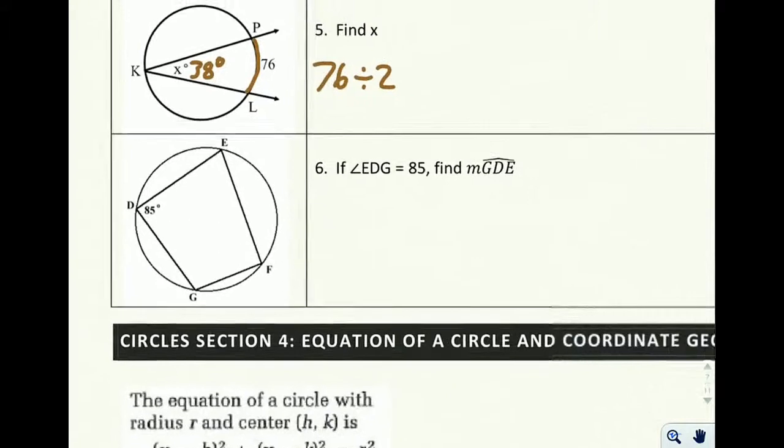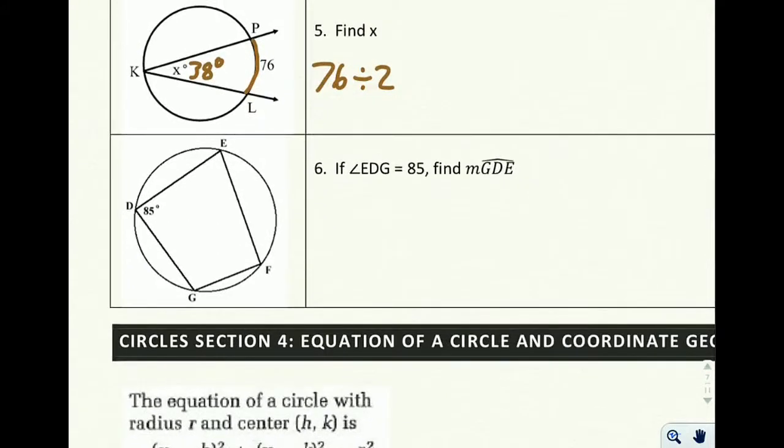And then finally, one more example here. We're told if EDG is 85 degrees, this angle here is 85, find GDE. We go through D. We need to find that arc.